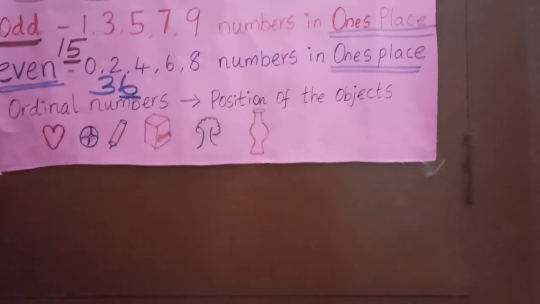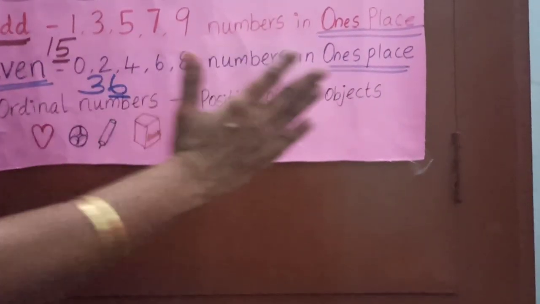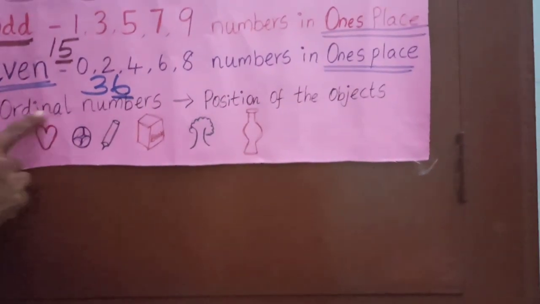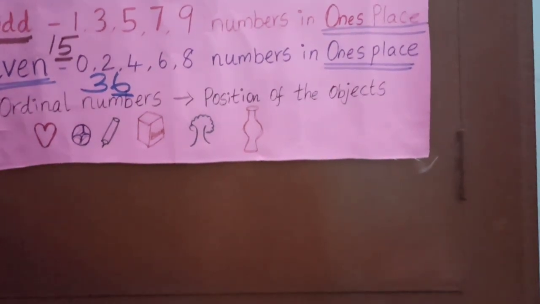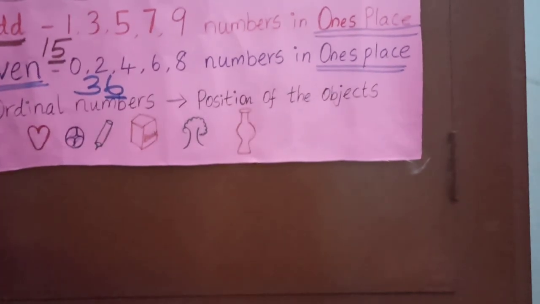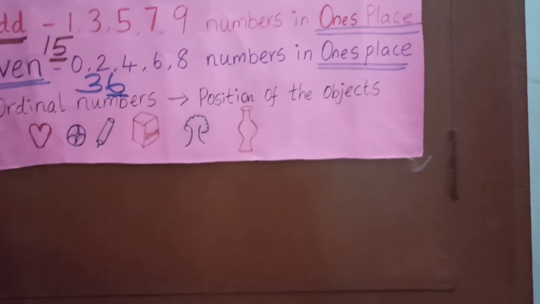Now we will see from right to left. What is the position of this heart box? From which side do we have to calculate? From right to left, because I have given the question as right to left.